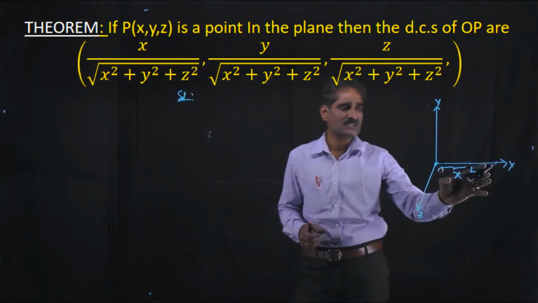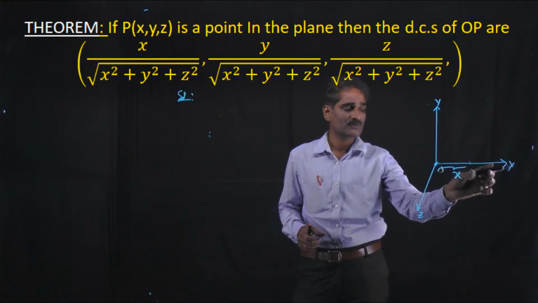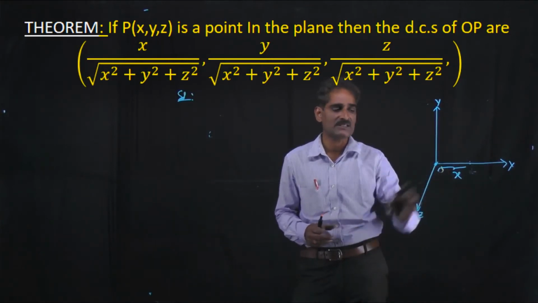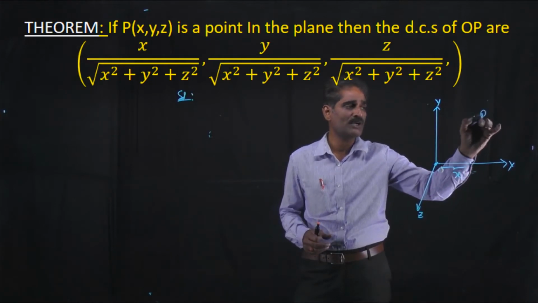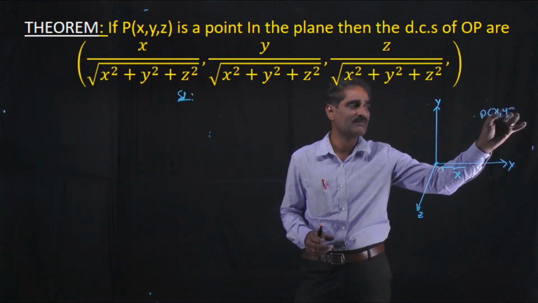Now come to this. Just for that, consider a system of 3 mutually perpendicular axes intersecting at the origin. Suppose this is the position of the point P(x, y, z).